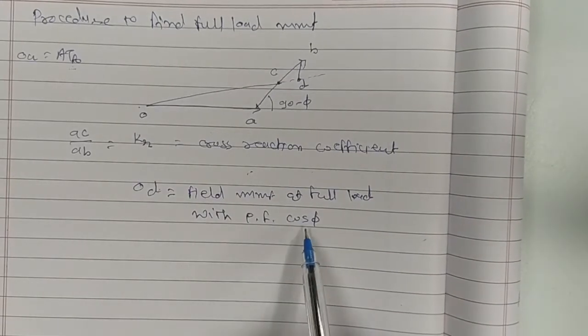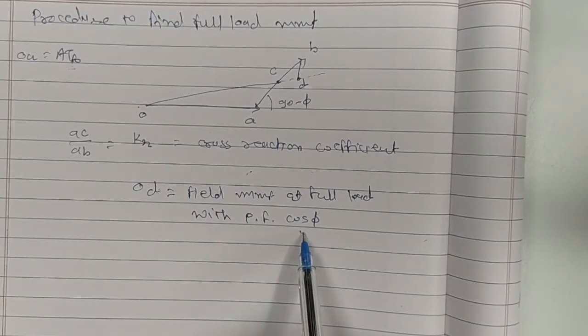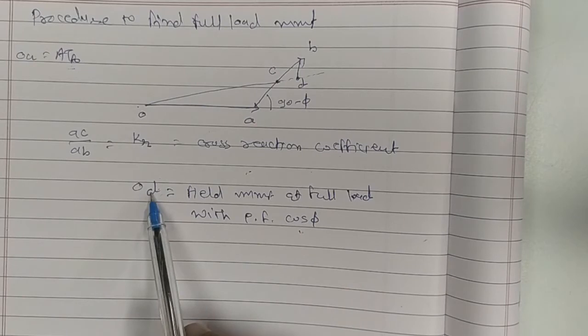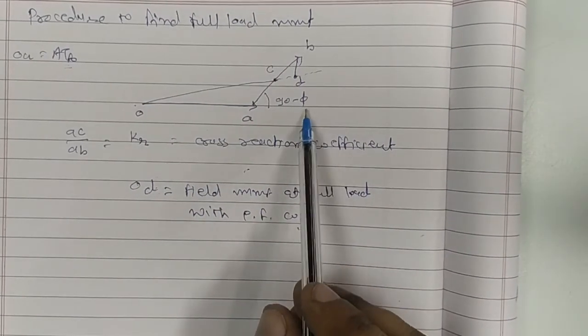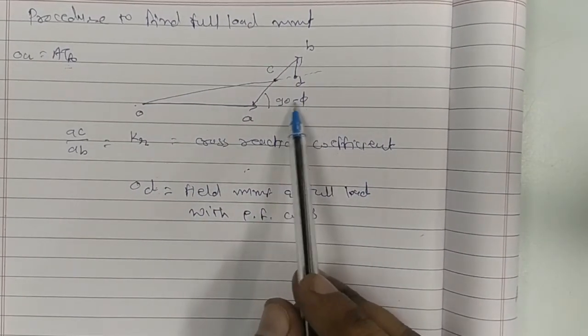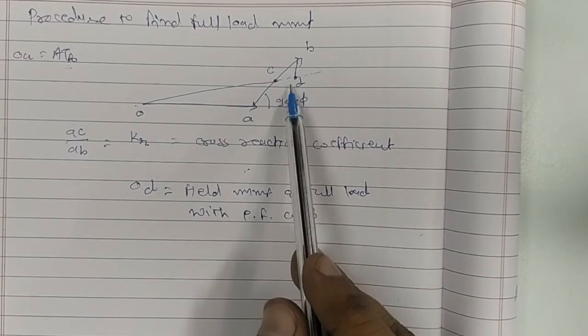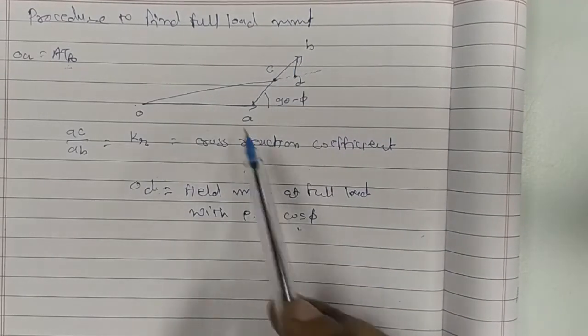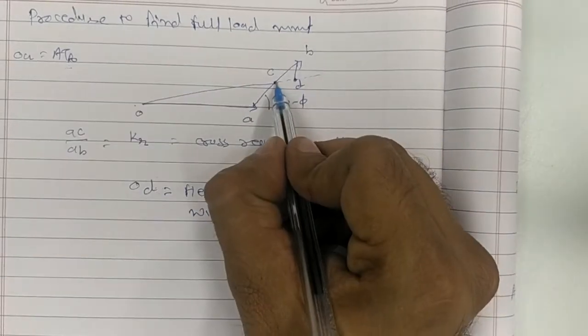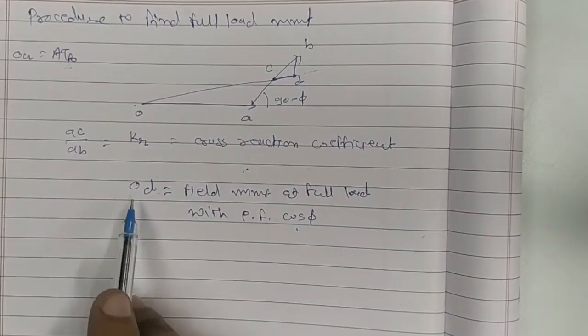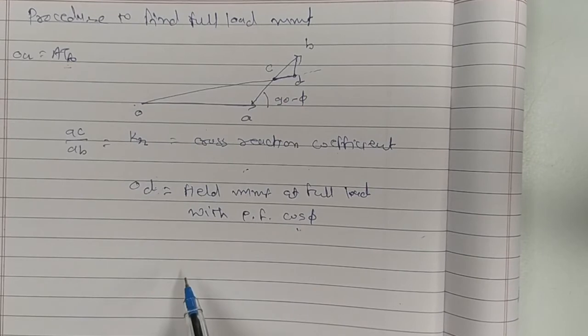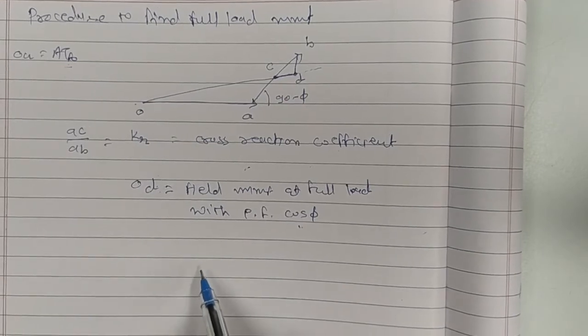At this particular power factor only you have this value of OD, because if you take a different value of the power factor, then this angle 90 minus phi will change, and accordingly BD will also change, this length OD will also change, or your field MMF will also change.